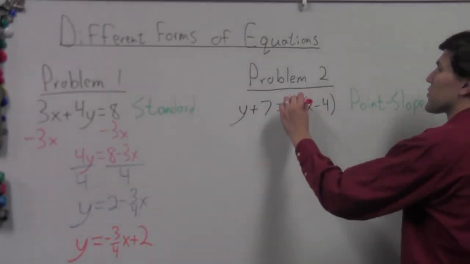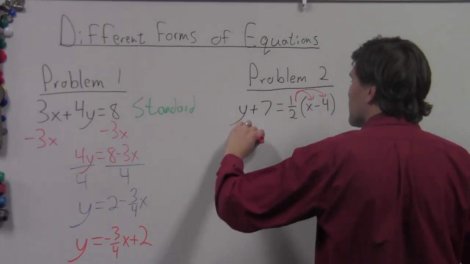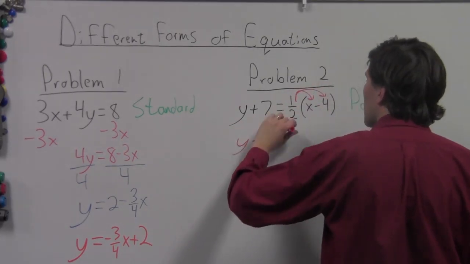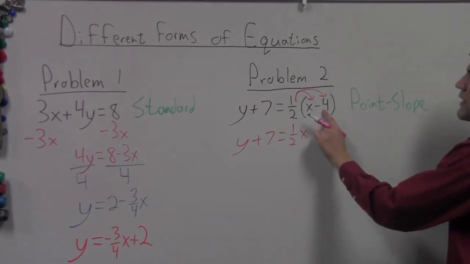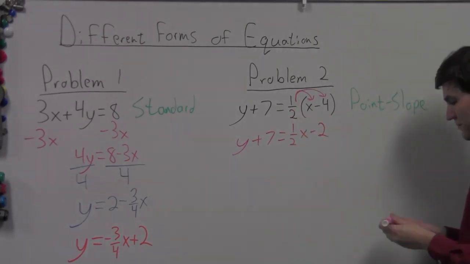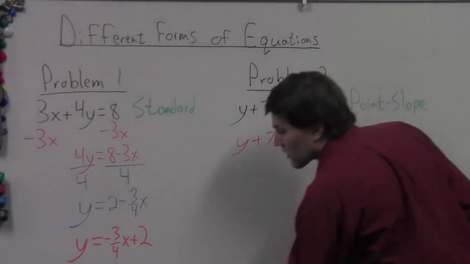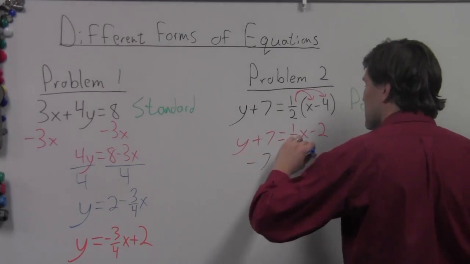First, we have to use the distributive property. y plus 7 remains unchanged. 1/2 times x is 1/2 x, minus 4 times 1/2 leaves us with a 2. Now that we have used the distributive property, we need to subtract 7 from both sides.